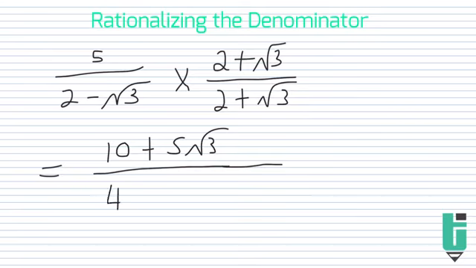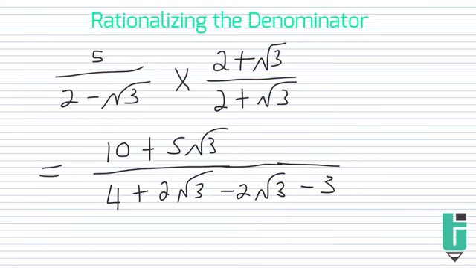Then we multiply 2 by square root 3, which is plus 2 square root 3. And here the sign difference comes into play, because now we're multiplying negative square root 3 with 2. So that's going to be minus 2 times square root 3. And you can actually see here that these two will cancel out. And then finally we'll have minus square root 3 times square root 3, which is just minus 3.